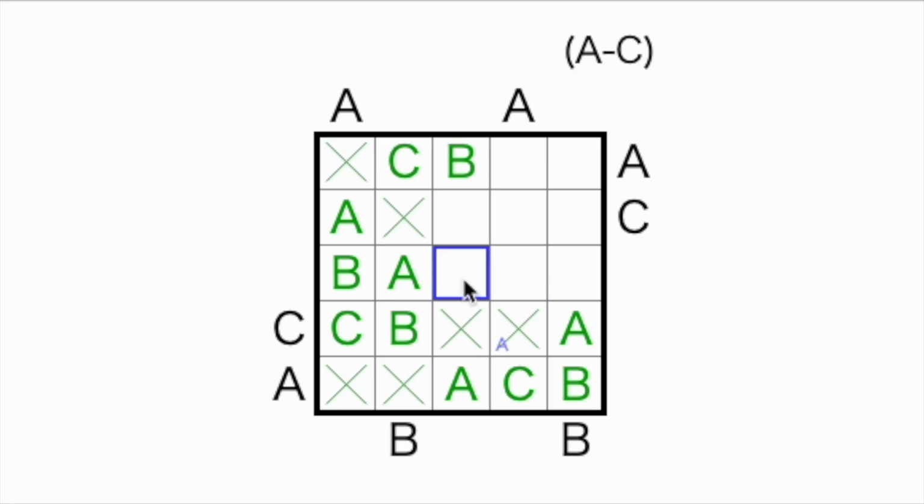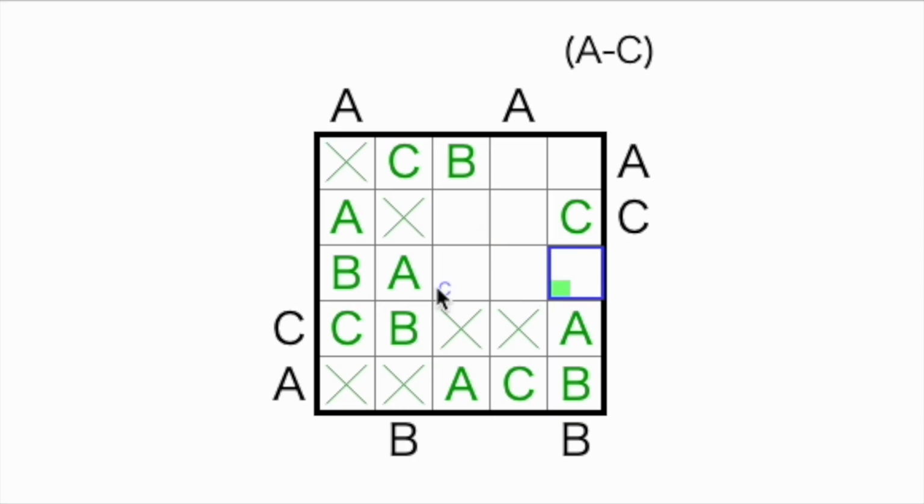Okay, so we've got a C to put in one of these two slots, in order to finish our C's. We've got this X-wing pattern. If the C were here, it would be too late for this clue. So this C is here.